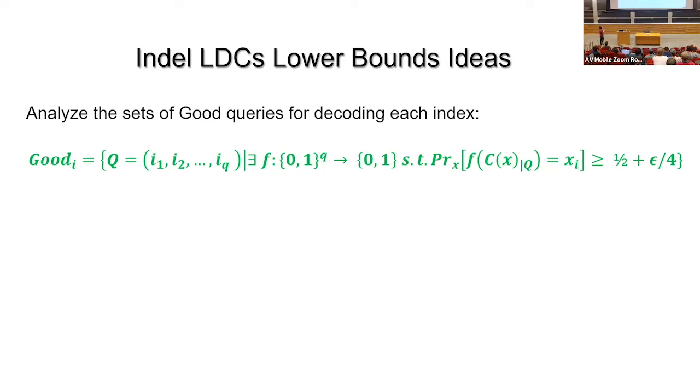We're looking at the Q-tuples on the codeword side of things, such that if we project the codeword onto those Q-tuples, there exists a function that predicts the ith bit with good probability. So this is the equivalent of the matching, of the hypergraph edge.